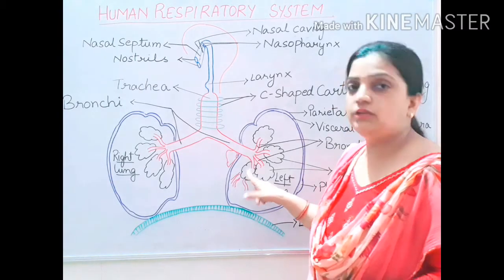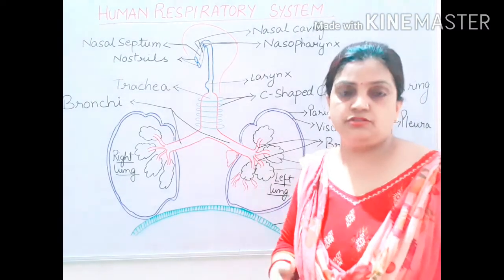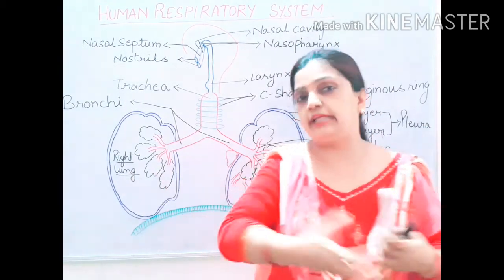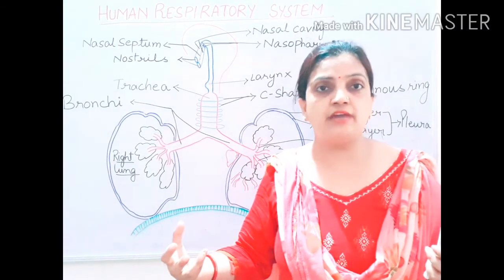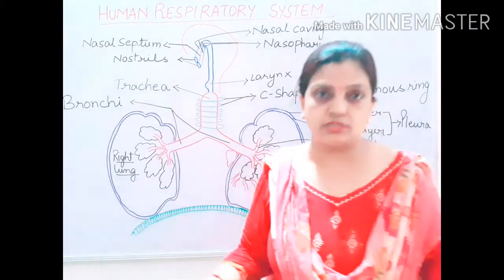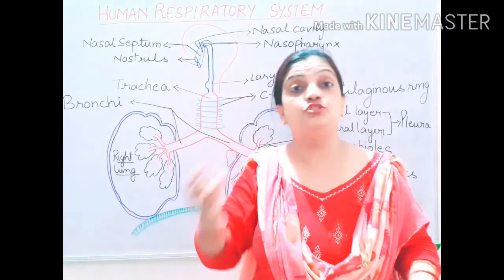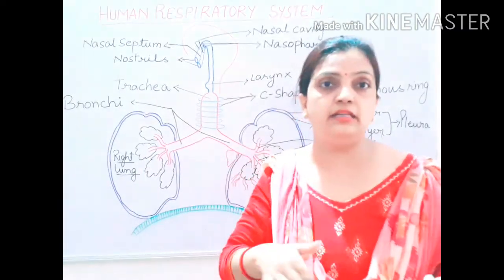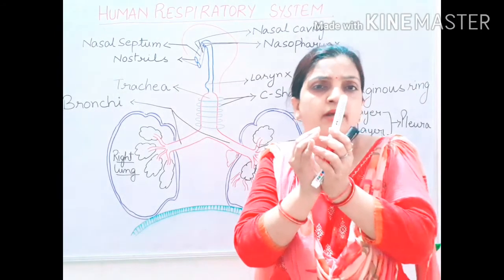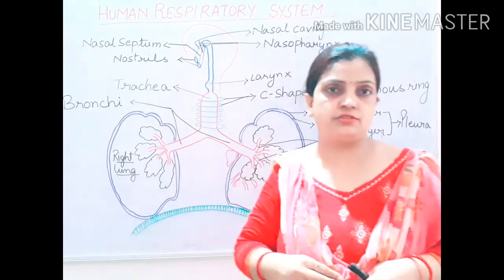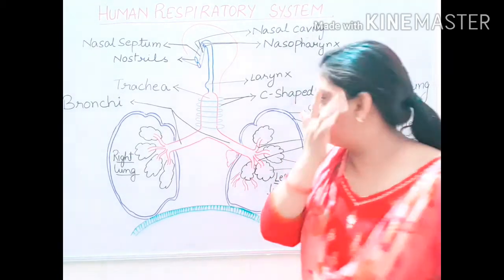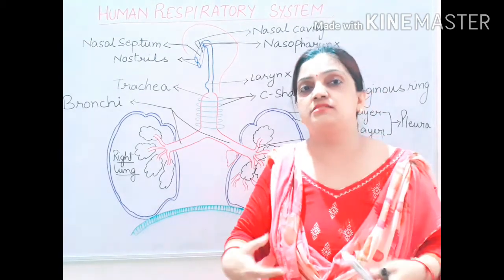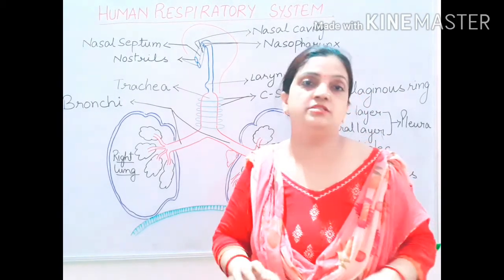So this alveoli can enlarge. It is about a meter. If we take the alveoli air sacs out of the lung and spread them outside, they will consume a large surface area. But inside the body, inside the lung, the alveoli occupy a very small part. They are very small balloon-like structures. Why? The reason is that they can accumulate a large amount of gases, a large amount of oxygen inside them.